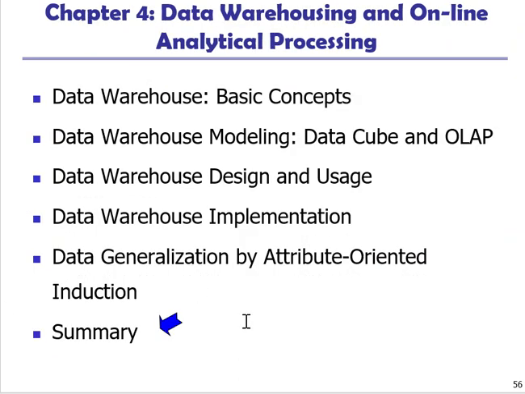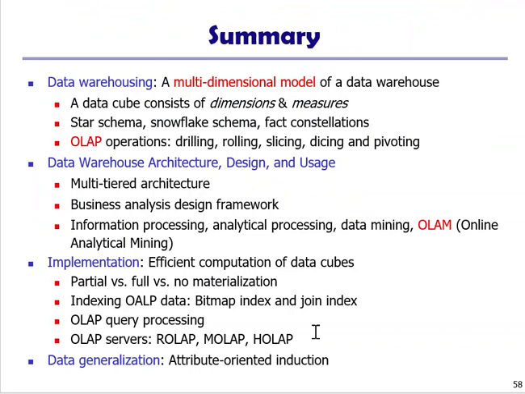That's the end of chapter 4. To summarize, we have discussed a whole suite of basic concepts related to data warehouse and OLAP operations. We talked about the basic concepts, the data warehouse architecture, multi-tiered architecture, four levels, design and usage.